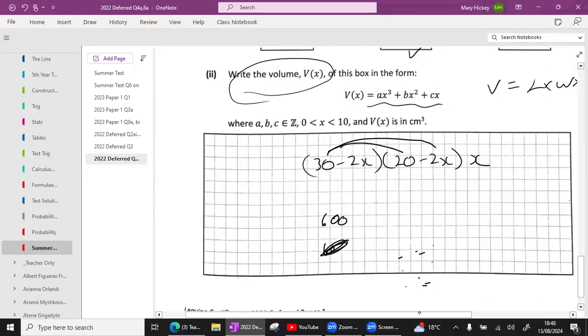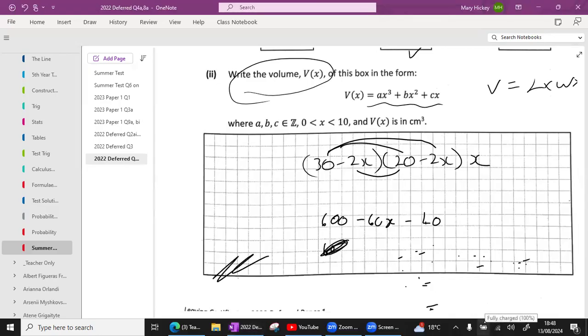Multiplying out the next two, minus 60x, next to minus 40x. Okay, sorry, bear with me. I don't know what's happened here now with the pen.